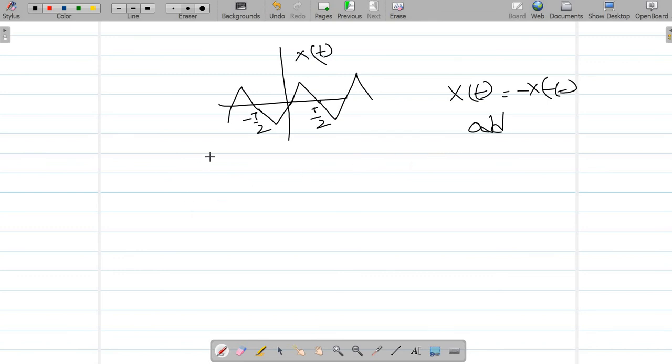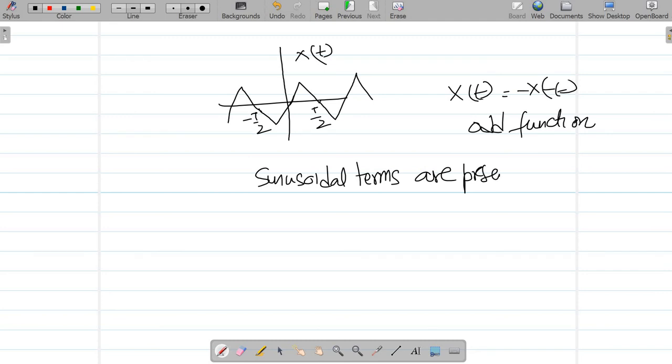When you are having an odd function, then you will have only sinusoidal terms. Only sinusoidal terms are present.